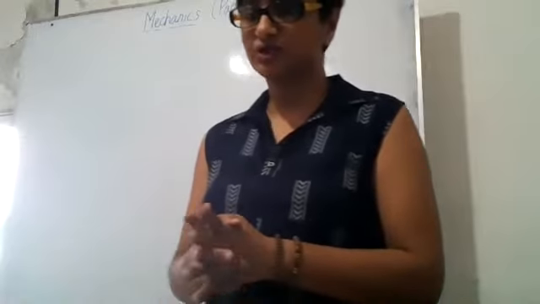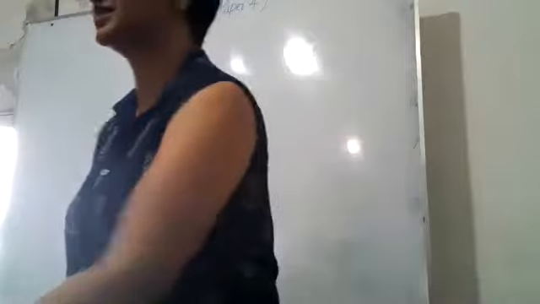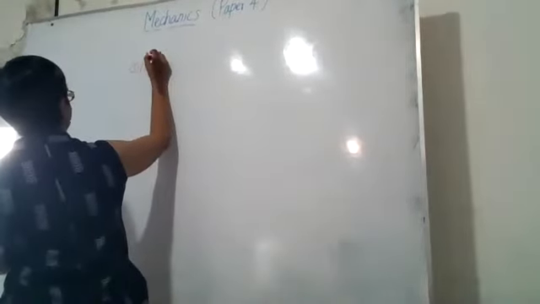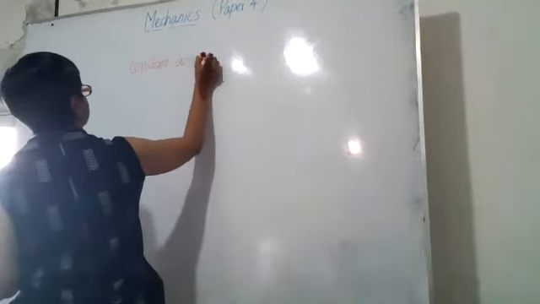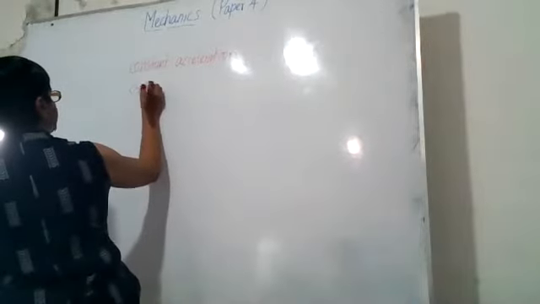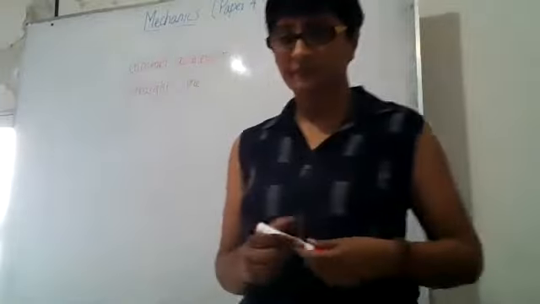In this topic, we consider the motion of objects that are moving with a constant acceleration. These are the 2 keywords. The first one is the acceleration is constant. Constant acceleration in a straight line. In a straight line in red.